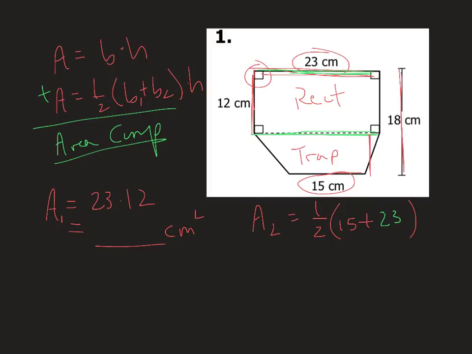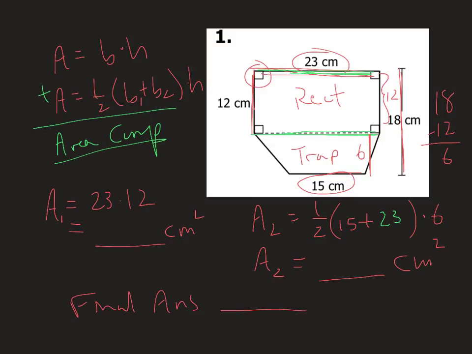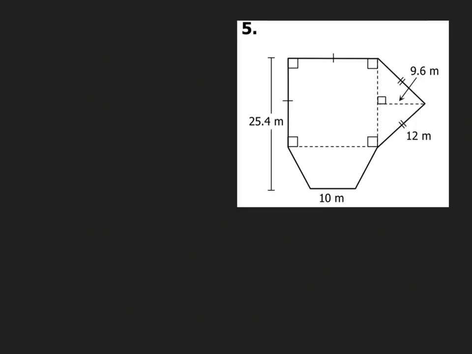If this piece is 12 and the whole thing's 18, well, 18 minus 12 is going to get us 6. So I think the height of the trapezoid is just 6. So get your area sub 2, also in square centimeters, and your final answer is going to be this answer plus this answer, the sum of the two in square centimeters.